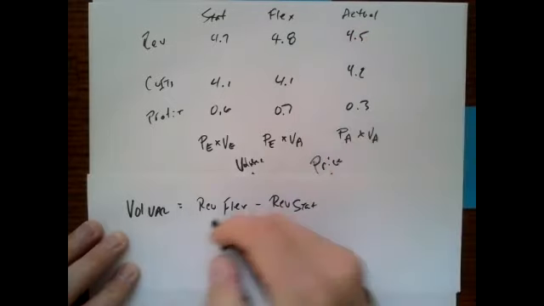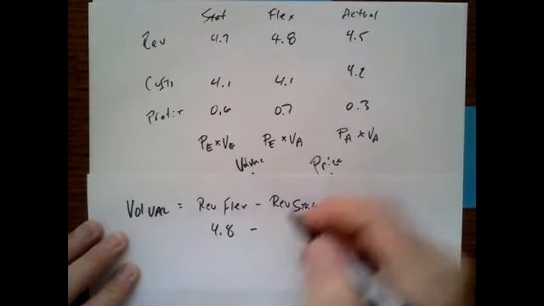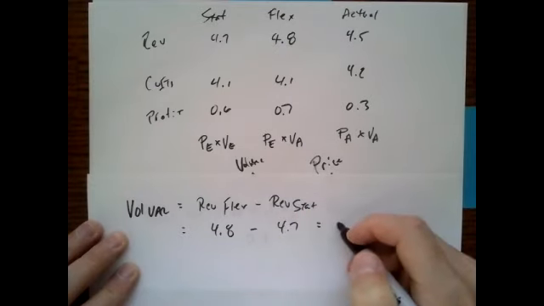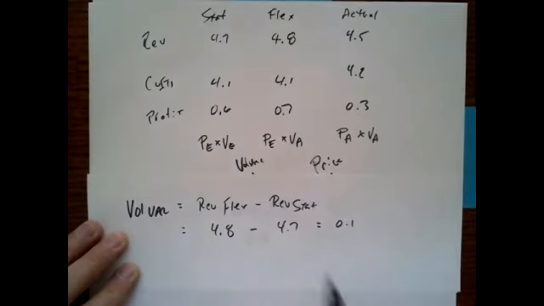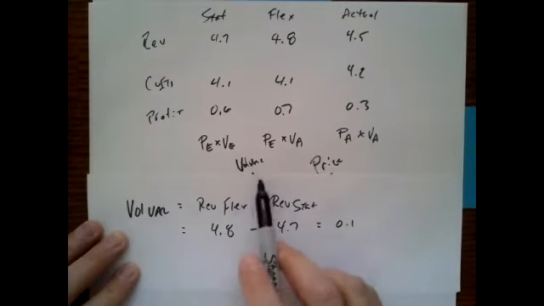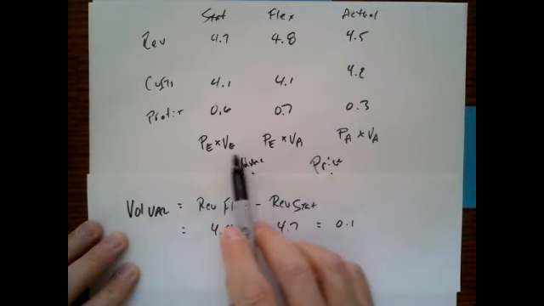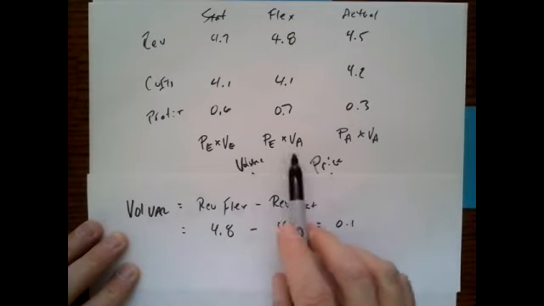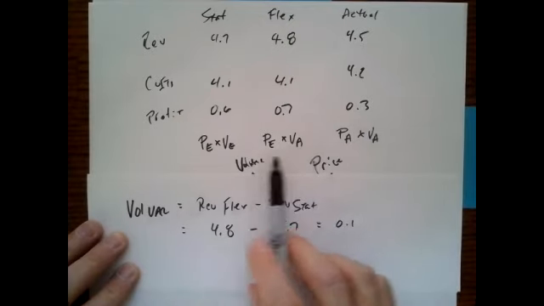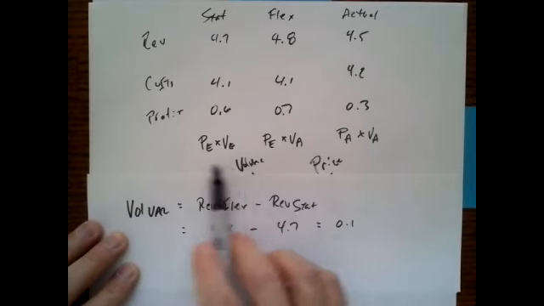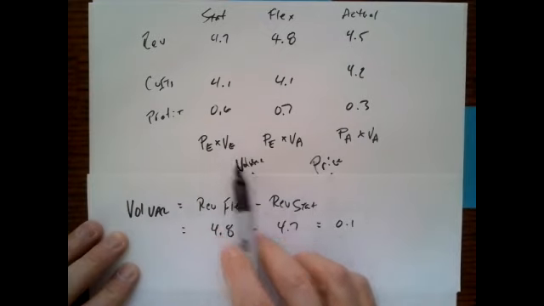So revenue flex is 4.8 minus stat 4.7 gives us a positive 0.1, right? And volume variance, remember, the difference between flex and stat is we vary the volume, hence the volume variance, right? So the difference between stat and flex is we're holding price constant and we're allowing volume to vary.